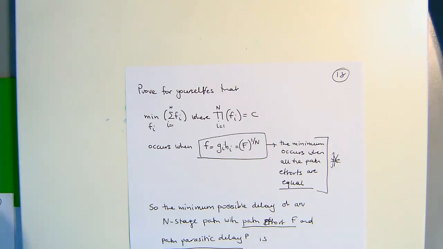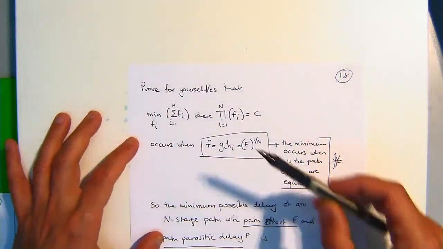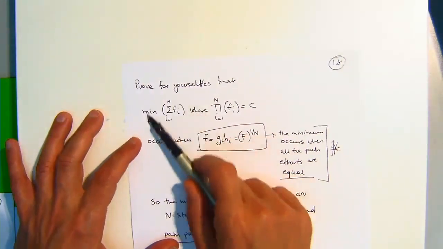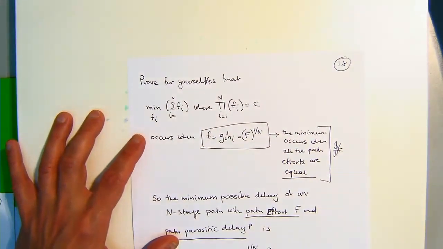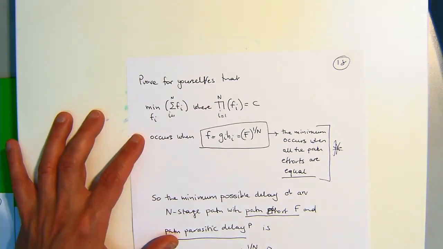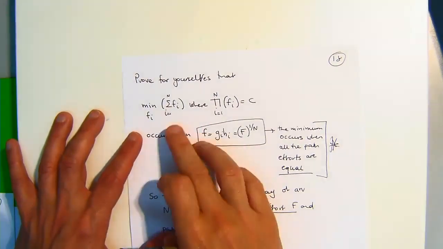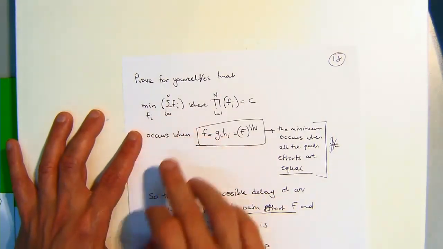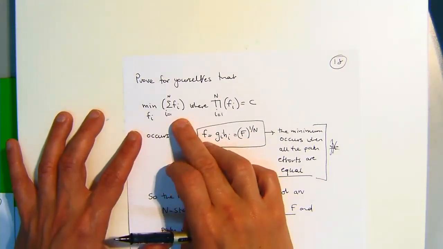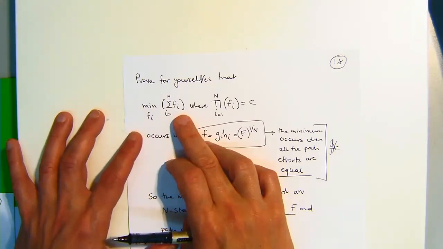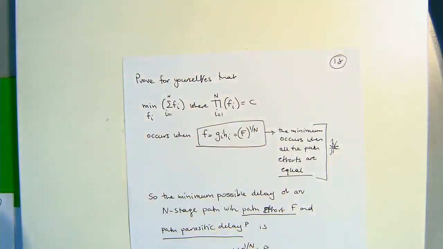But generally, what you can prove for yourselves is that you can't optimize the parasitic delays, because the parasitic delays are going to be the parasitic delays, okay? But you can optimize your logical effort. And so you ask yourself, how do I size each of these gates so that I get the minimum delay, right? That's the question you're asking yourself.